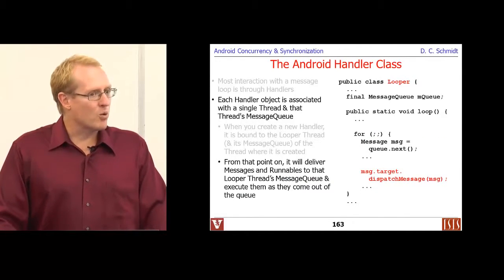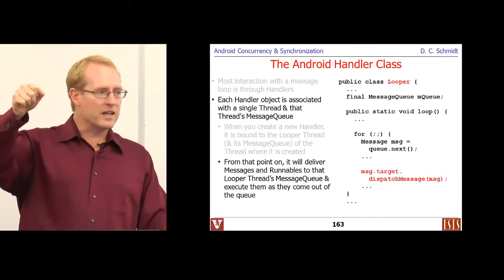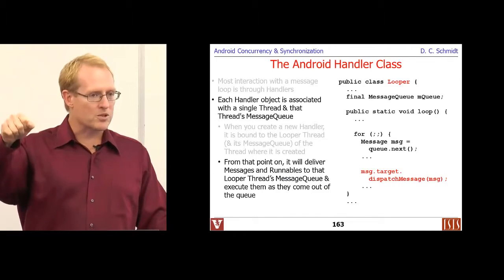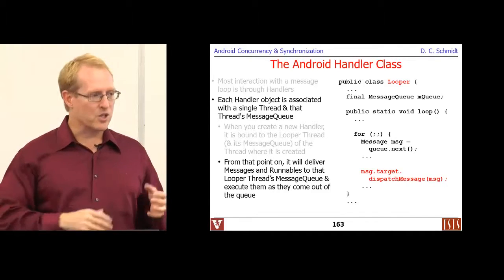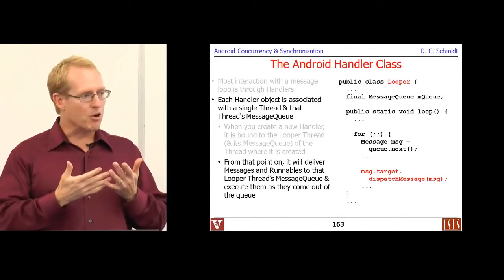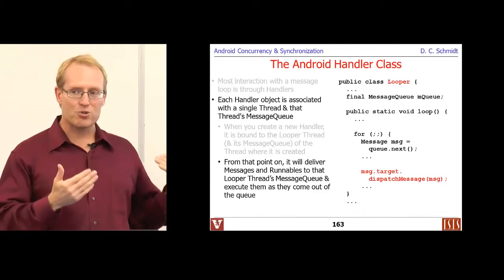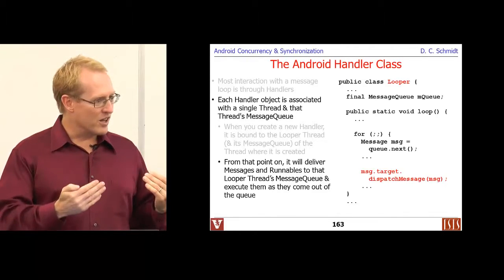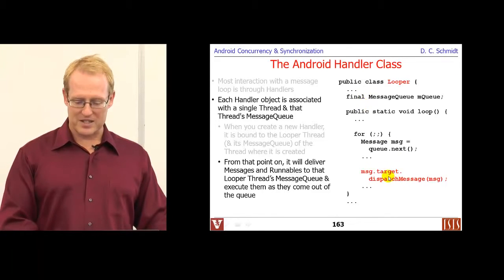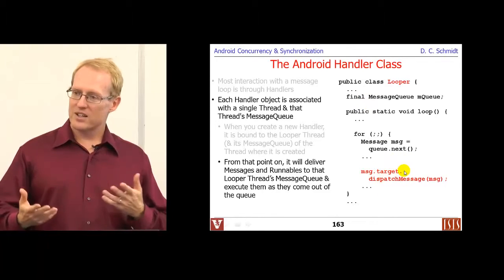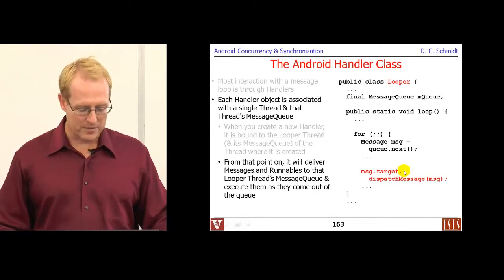And from that point onwards, as people send messages or post runnables to that handler, they will end up being stuck onto the message queue, and they'll pop out and be processed in the thread of control that is owning that particular handler. So now we're back into the looper context, and we're dispatching callbacks in terms of what these things do under the hood.